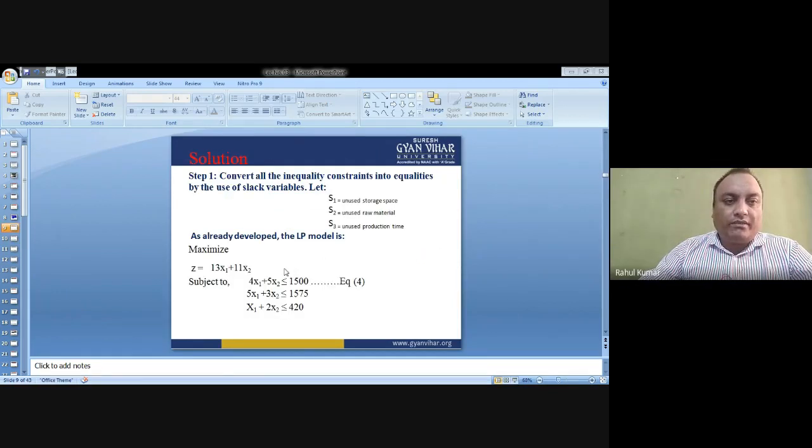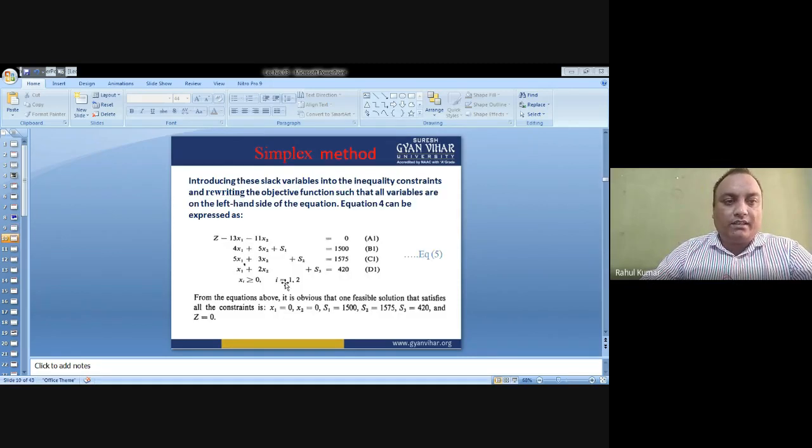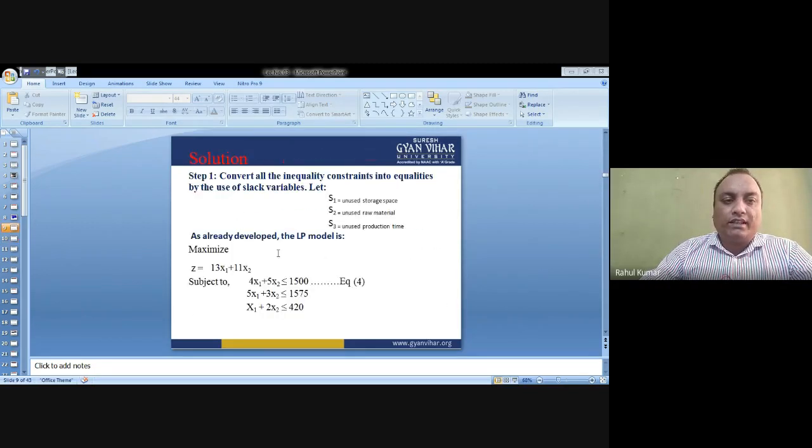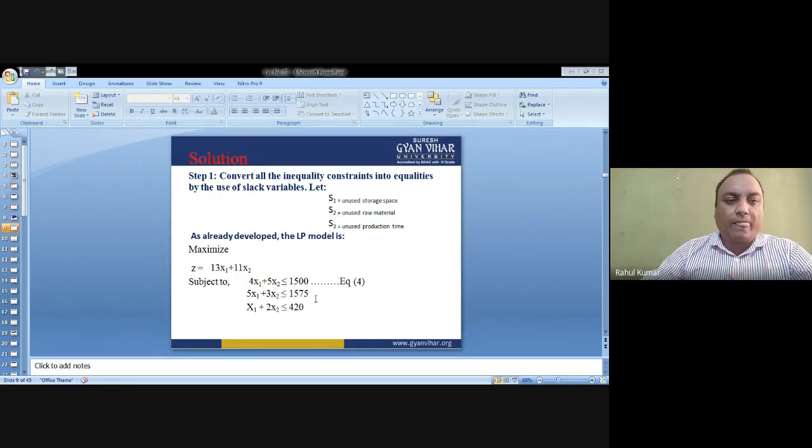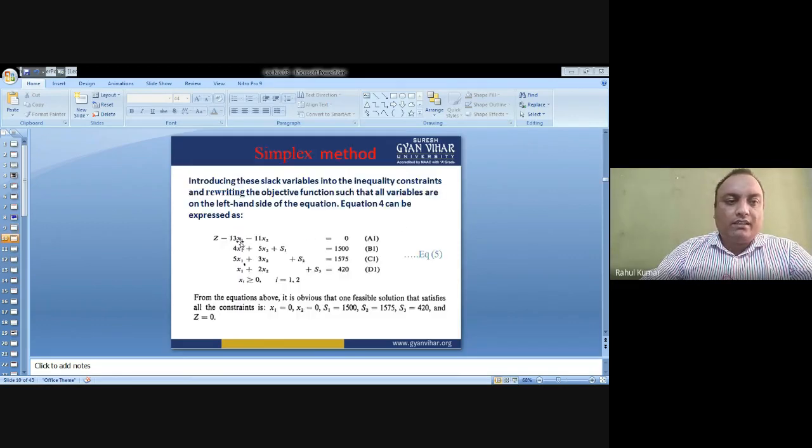For the first constraint, 4x1 plus 5x2 plus S1 equal to 1500, adding S1 for the unused storage space.